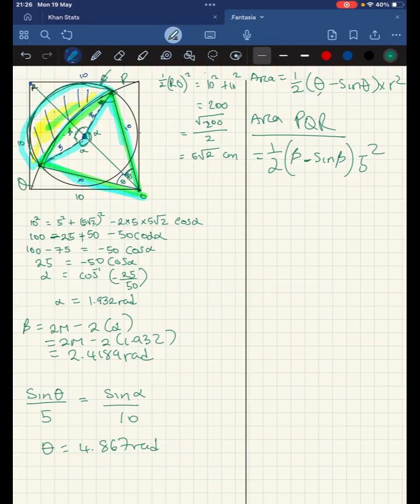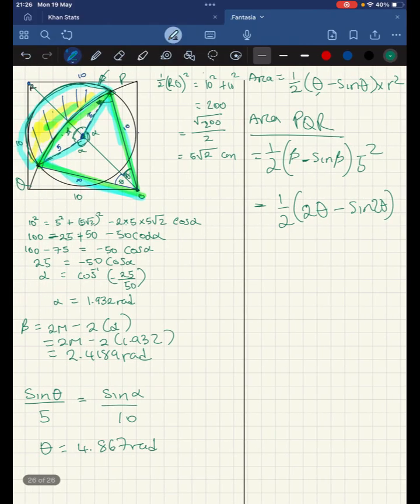All right, we got that. Minus half 2 theta minus sine 2 theta, and that should be 10 squared, right? And we get our answer.